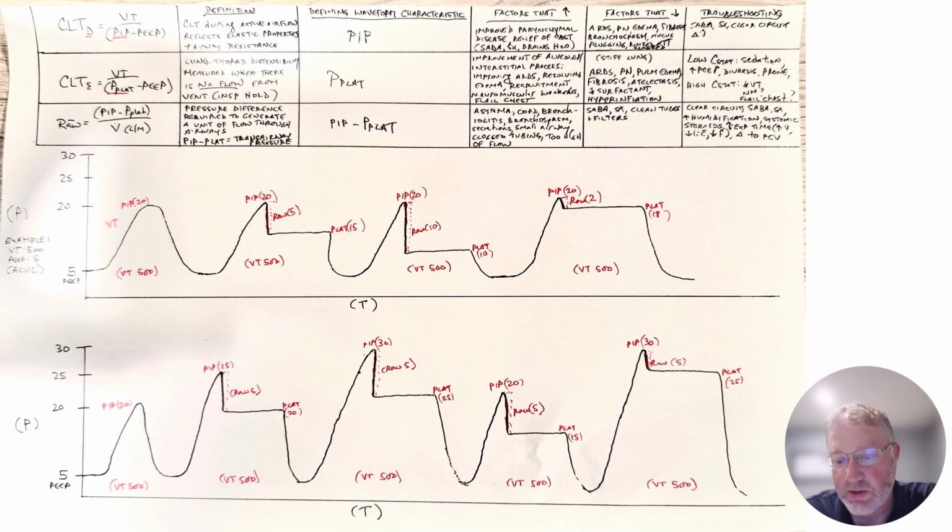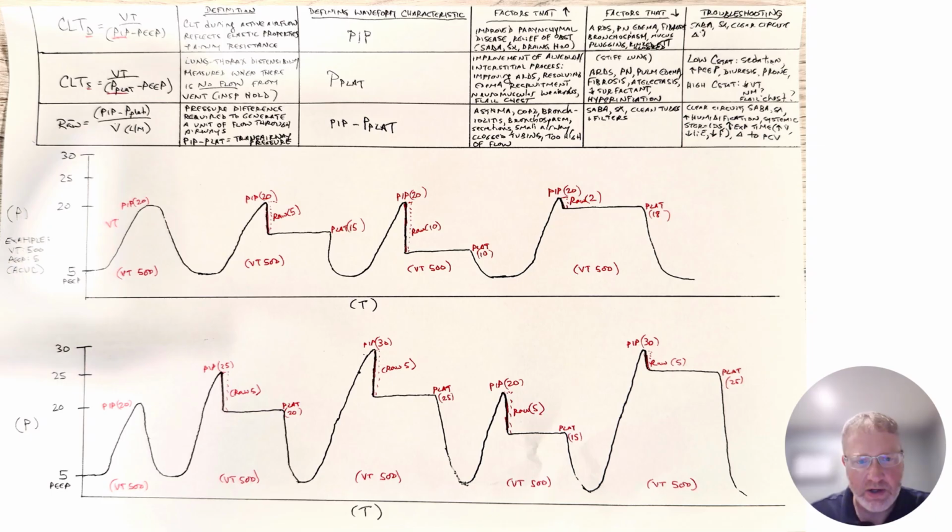Make sure the circuit is clear, give them a bronchodilator, suction, increase humidification, consider systemic steroids, consider increasing expiratory time through increasing flow and decreasing the I:E ratio, consider decreasing the rate, and then if all else fails, consider changing to pressure control ventilation.